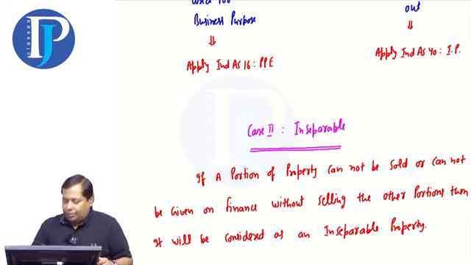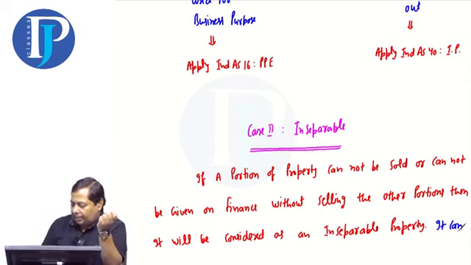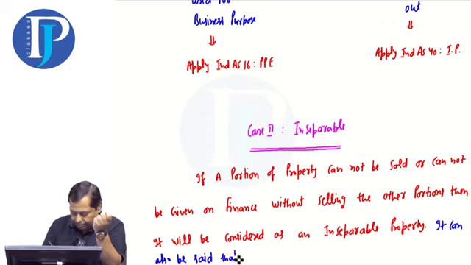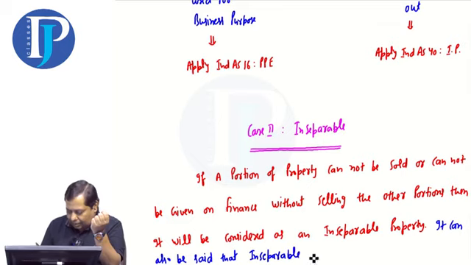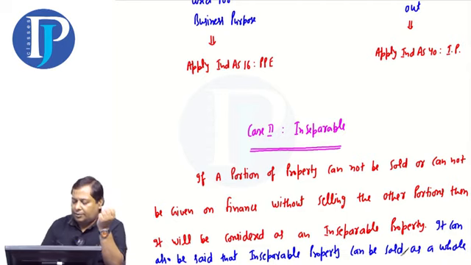You cannot sell one portion. It can also be said that inseparable property can be sold as a whole asset only.